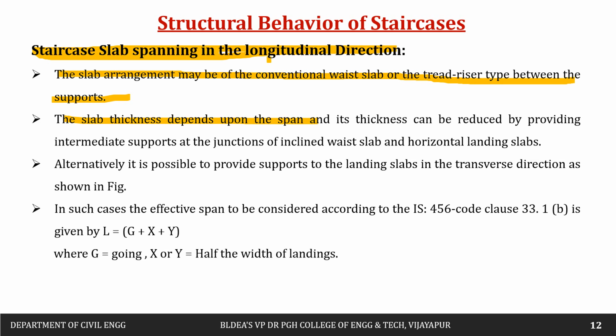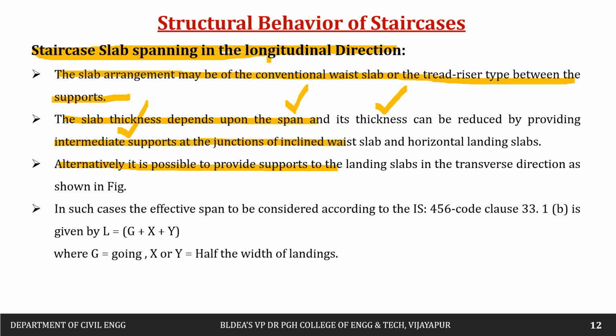Just now we have seen. Based on that span, the thickness can be reduced by providing an intermediate support. If you have a larger span, the thickness of that waist slab is going to increase. So to avoid more thickness, we can provide certain intermediate supports.